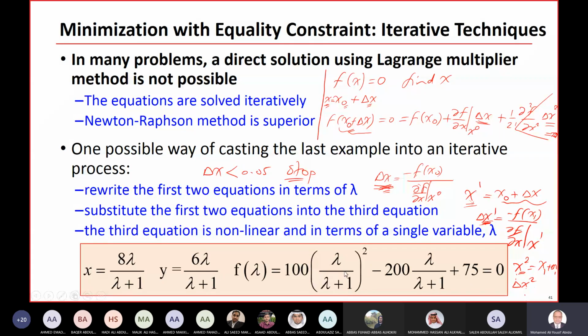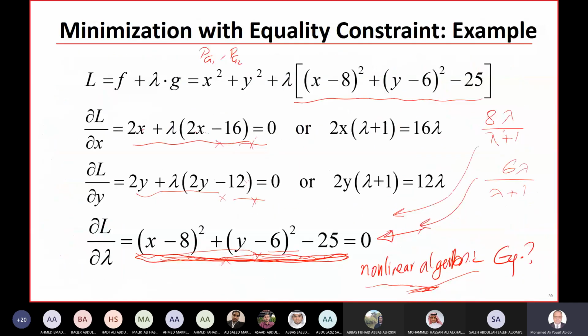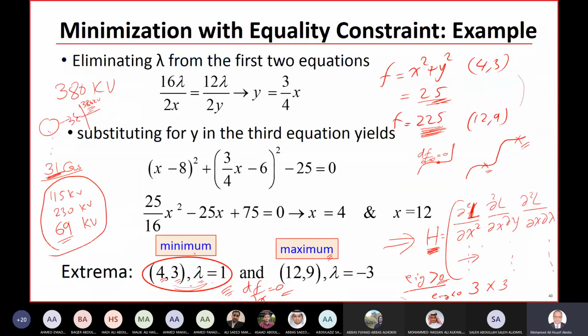Graphically speaking, the Newton-Raphson method works as such.